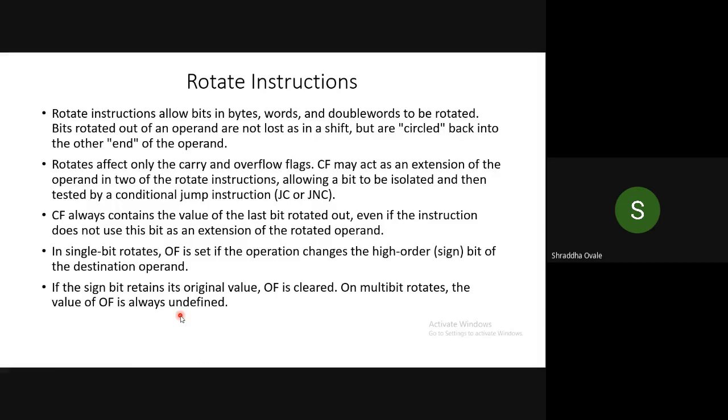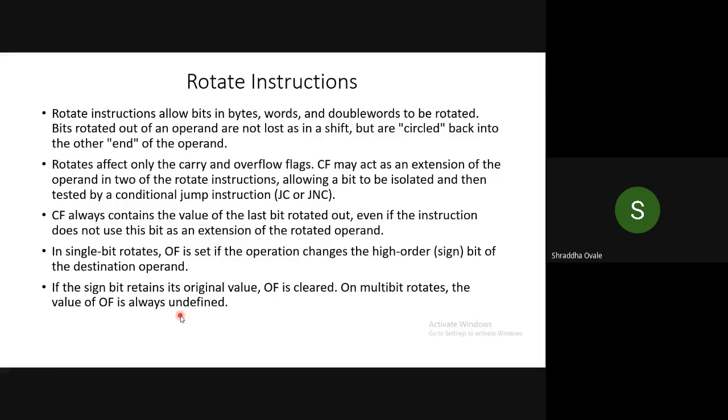Remember, in rotate instruction, the CF flag is always affected. So whatever be your value, let it be 0 or let it be 1, the carry flag is always set, and the rotation will occur along with this CF flag only. Okay. So even if the instruction does not use this bit as an extension of the rotated operand, fine.